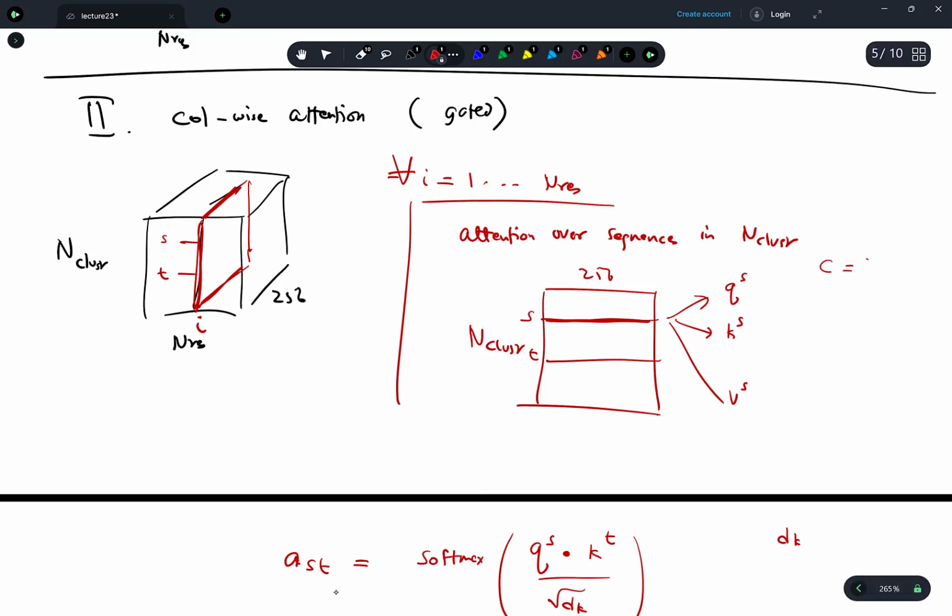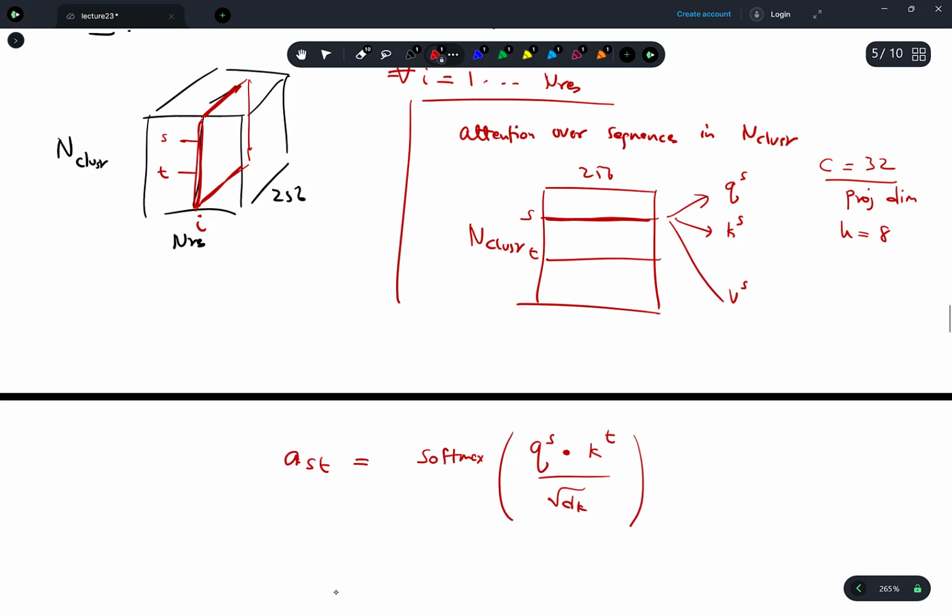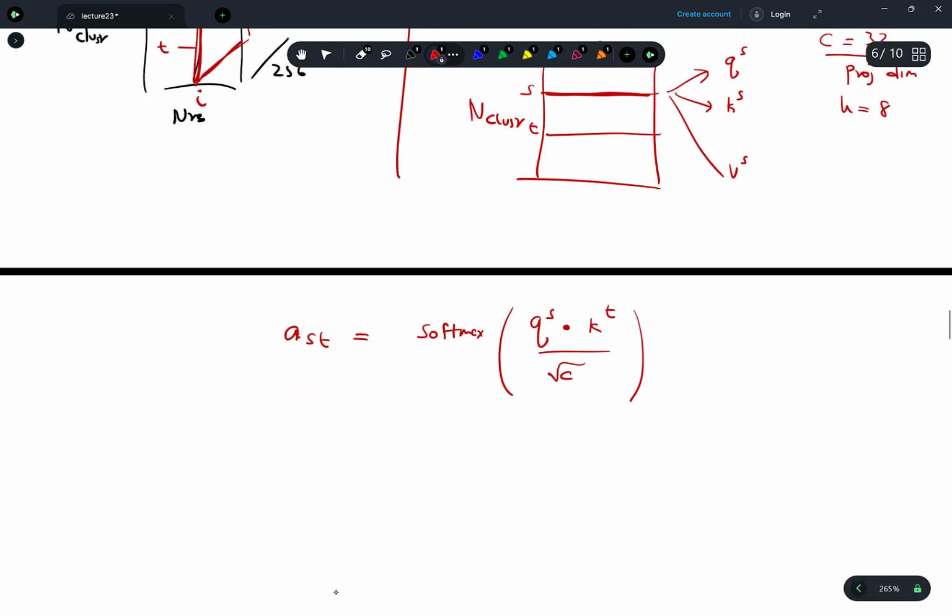So let's not call it dk, to be consistent with the paper, so it's root C. I got that, and then I do a gate. And then there are the different heads, so this whole thing across H.